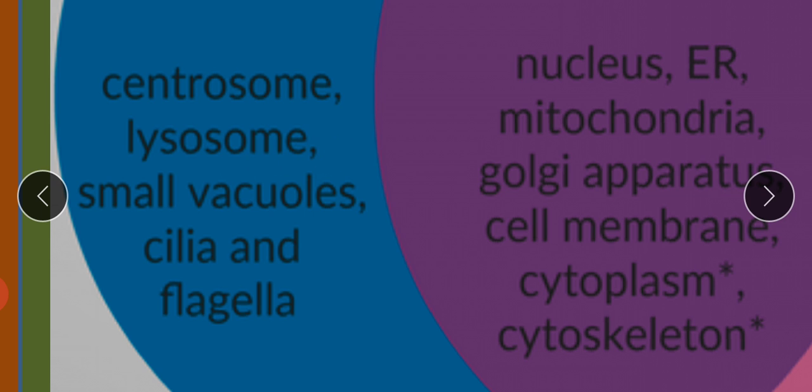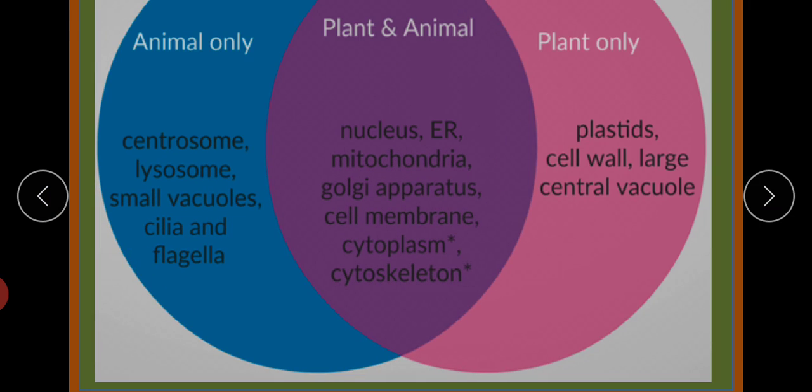It is a suicidal bag, as I had already discussed in my previous video. Then small vacuoles are there. Cilia and flagella. These are two structures which help in movement, cytoplasmic movement, or even movement of the cell in microorganisms, right? So these structures are only present in animal cells.